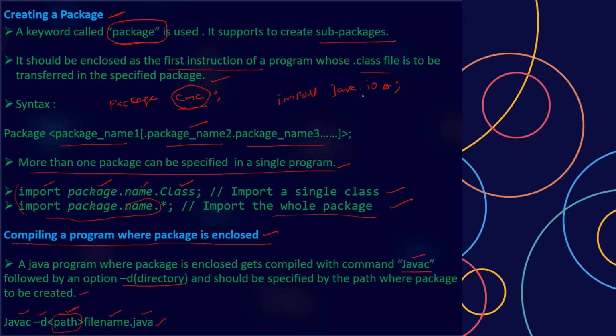java.io.star. So this is a package you're going to import. This is a predefined package, which is defined by the system itself, by the language itself. But here package CMC, ATC, my name Kishore, all these I can create as user-defined packages. But there are predefined packages as well that we'll see in the coming class.